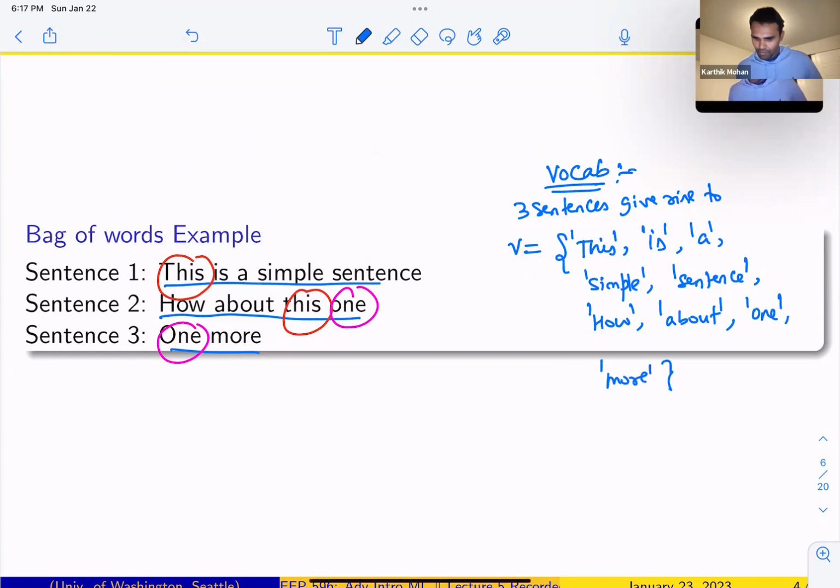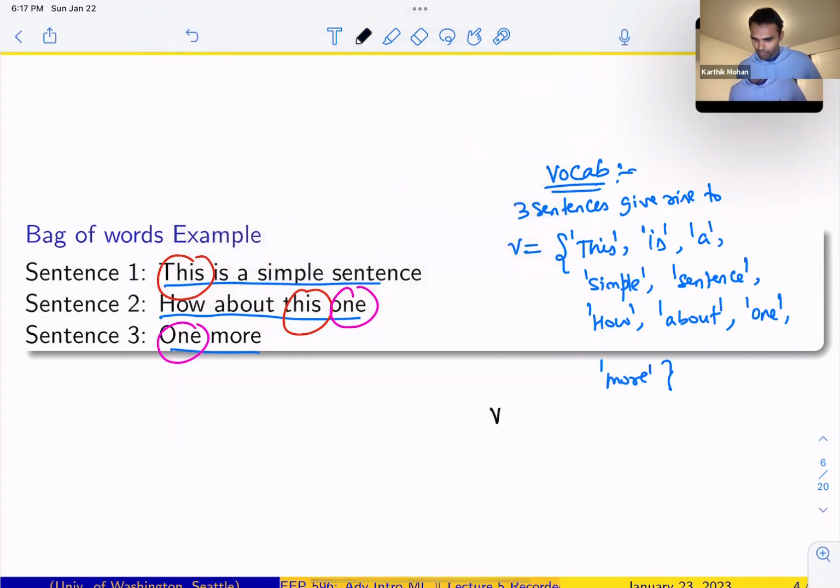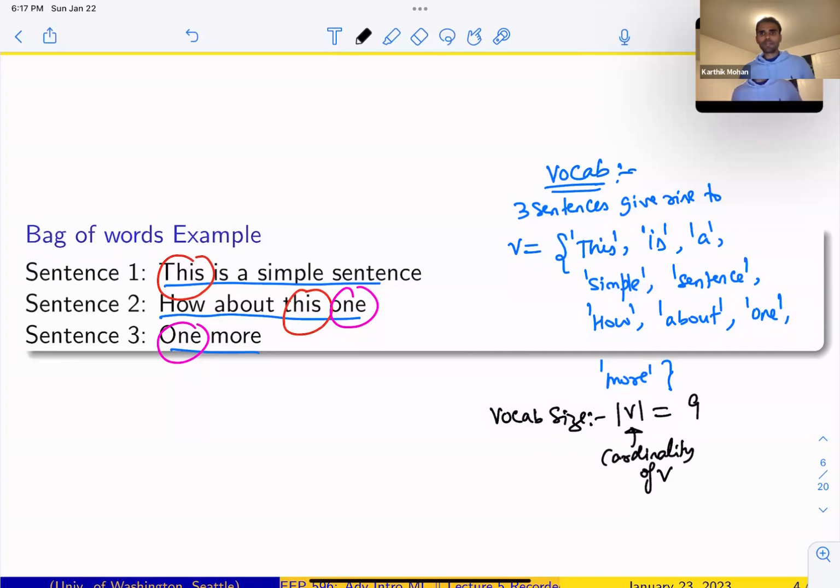Okay, so here the vocabulary size, that is the cardinality of the set V, is equal to 1, 2, 3, 4, 5, 6, 7, 8, 9. So we have 9 words. If you think of these 3 sentences as your document base and you're building a vocabulary from your documents, then we get 9 words in this vocabulary.